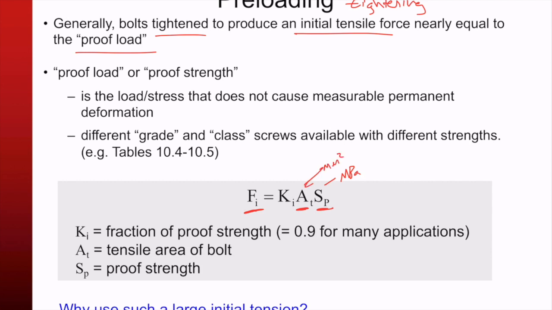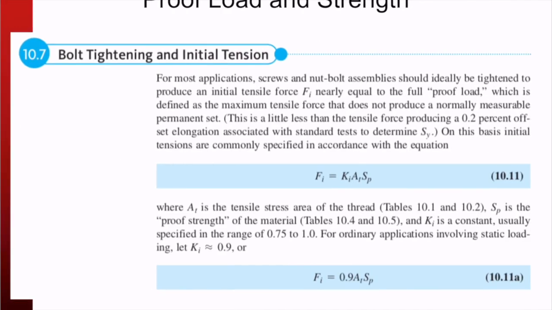And so that means this whole thing here becomes something that's in newtons, and then we take some fraction of that, right? And typically we want to go up to about 90% of the proof strength or the proof load for that particular bolt.